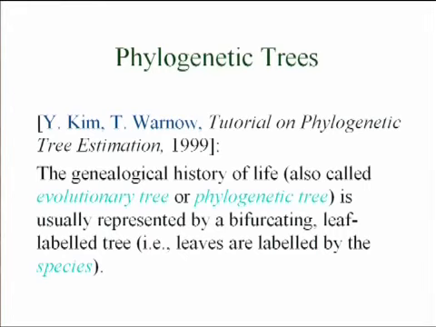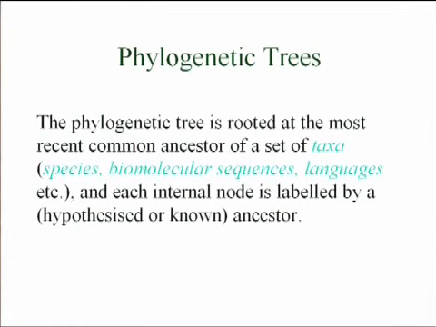With bifurcating, we take degree 3 in the internal vertices. Then we carry on with the phylogenetic tree being rooted at the most recent common ancestor of a set of taxa, and each internal node is labeled by a known or not yet known ancestor.